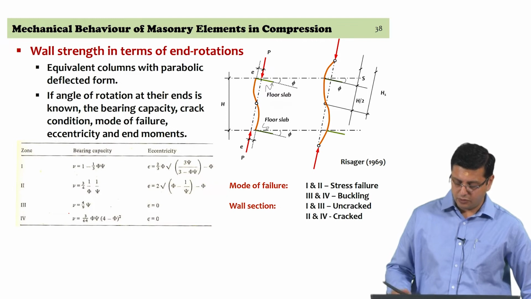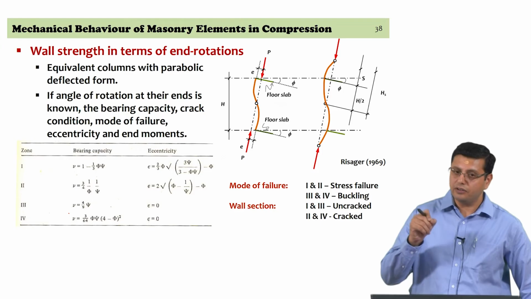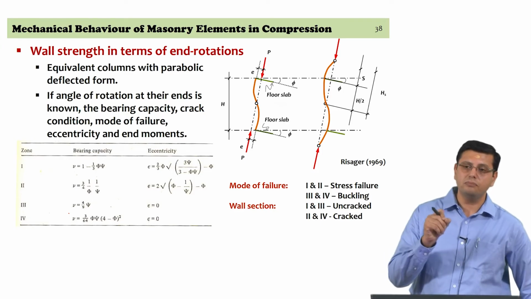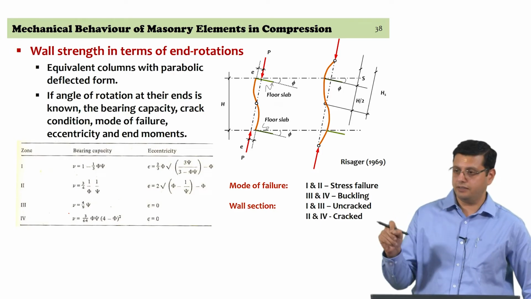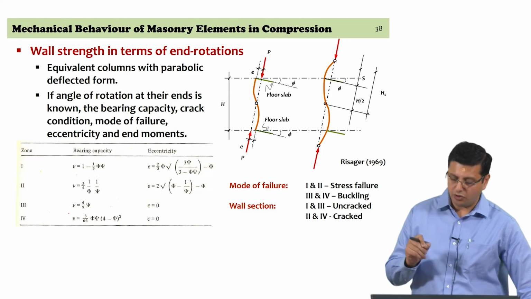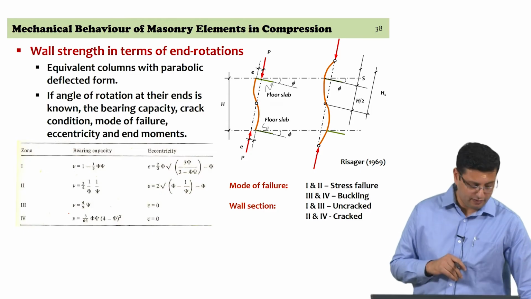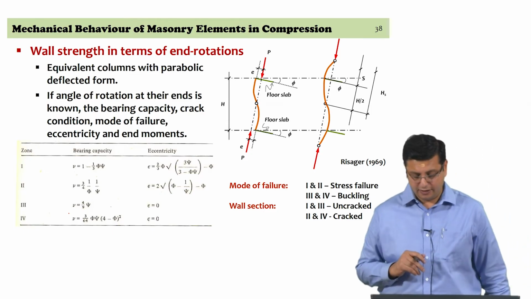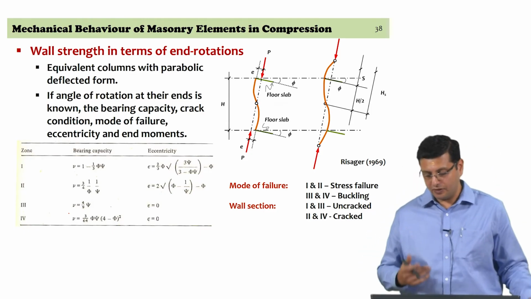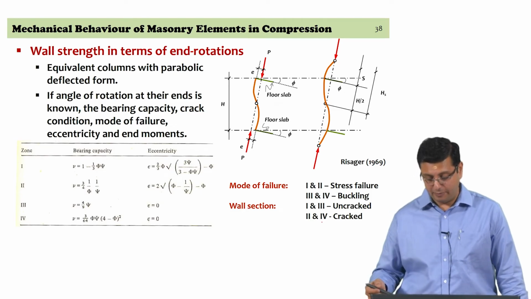So, in terms of mode of failure, you can either have failure in the section due to the compressive strength of the material being reached, or you could have failure due to buckling, and that depends on the H by T ratios that you are looking at and the relative strengths that are being examined.